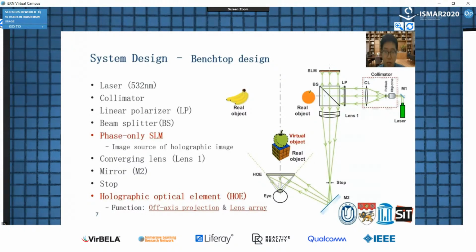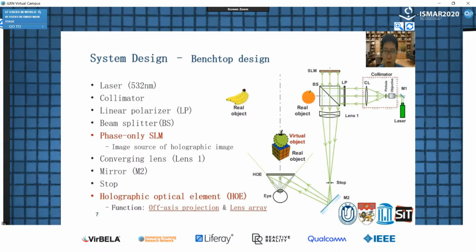The collimated beam illuminates the phase SLM through the reflection from the beam splitter. After modulation by the phase SLM, the light is reflected and projected off-axis onto the lens-array HOE via lens 1 and mirror 2. Virtual imagery is then reconstructed from the lens-array HOE and projected into the viewer's eye.